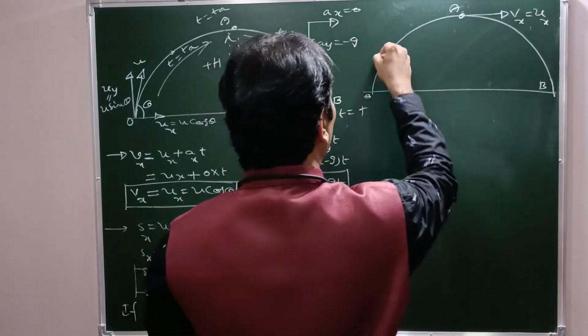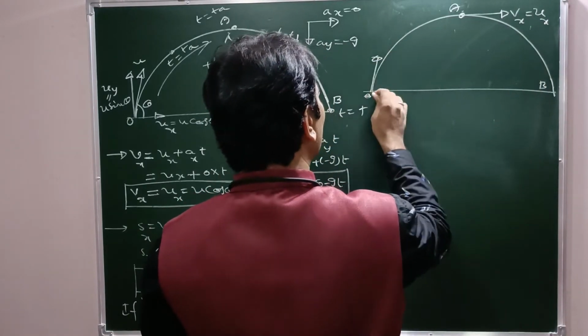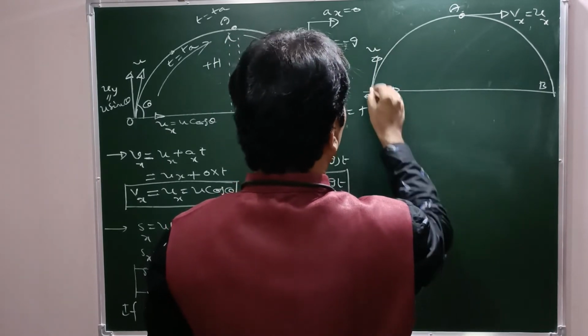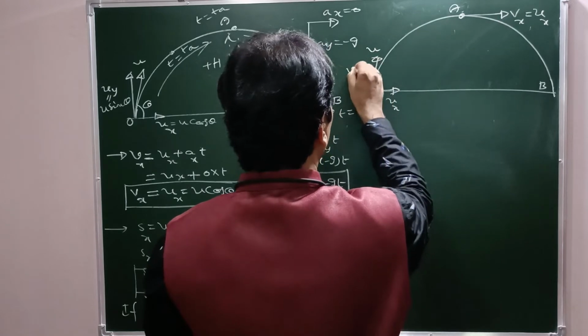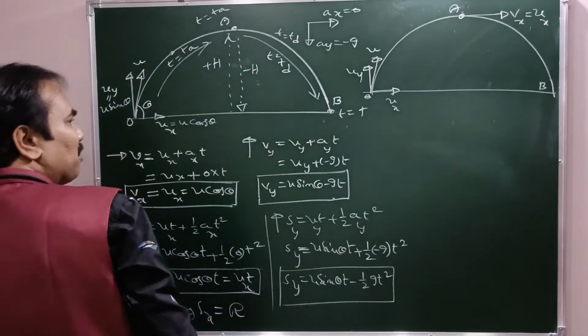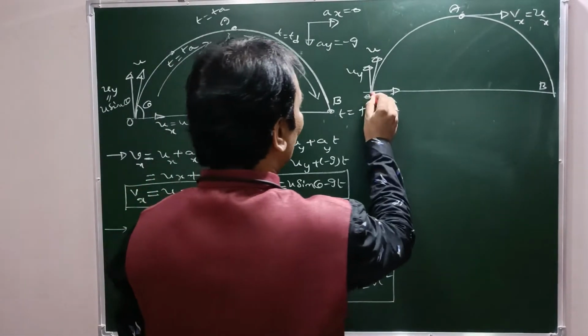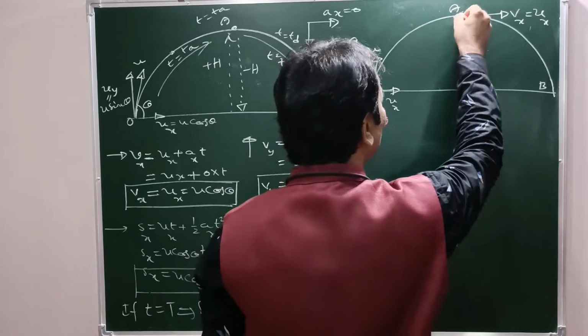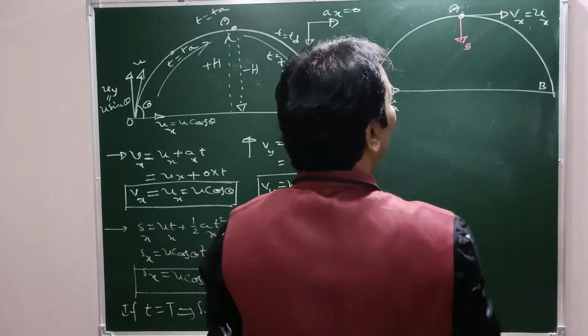At O, the velocity of projection is U, with horizontal velocity Ux and vertical velocity Uy. What is the direction of acceleration due to gravity? At O, g acts vertically downwards. Here also g acts vertically downwards.